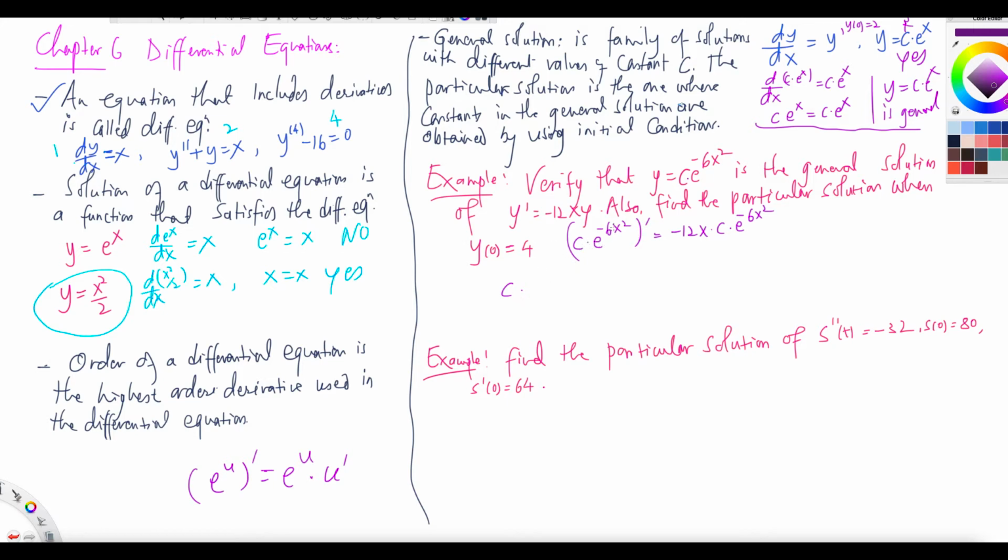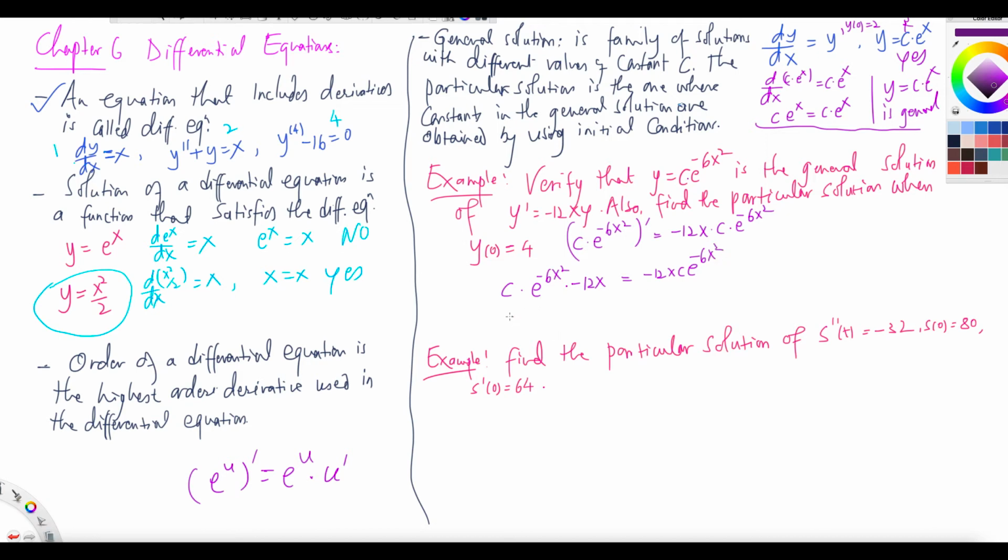Now the derivative of e to the u: it will be e to the negative 6x squared times u prime, which is the derivative of the exponent, negative 12x, right? Because 6 is constant, and x squared has derivative 2x. So negative 6 times 2x will be negative 12x. Equals negative 12x c e to the negative 6x squared.